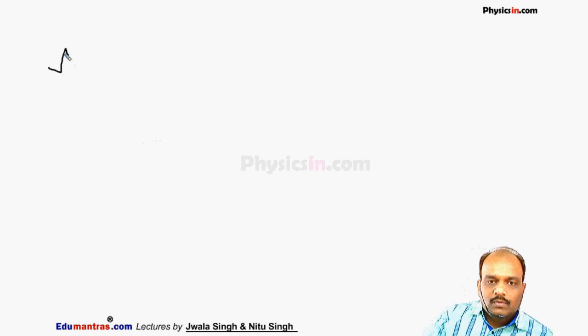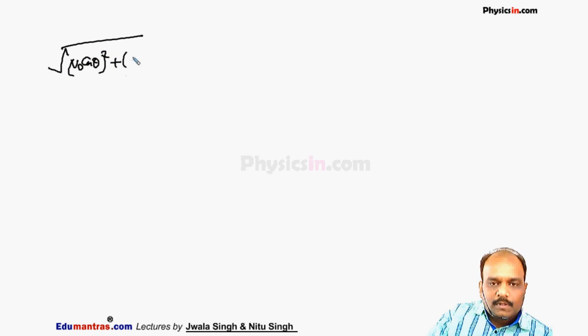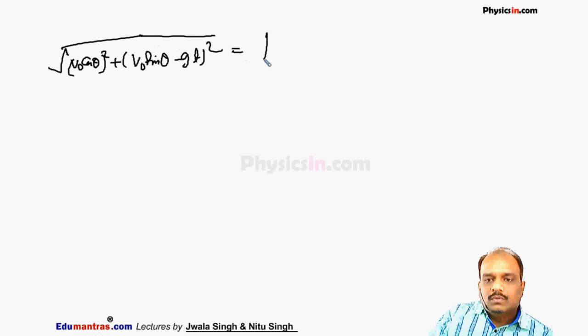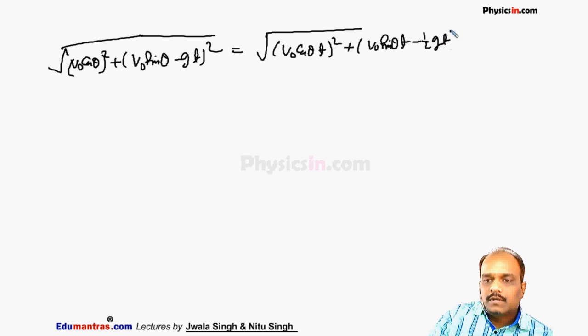Root over (V naught cos theta) whole square plus (V naught sin theta minus gt) whole square, this is the magnitude of instantaneous velocity, is equal to root over ((v naught cos theta into t) whole square plus (v naught sin theta into t minus half gt square) whole square) divided by t square. So this t will cancel out.